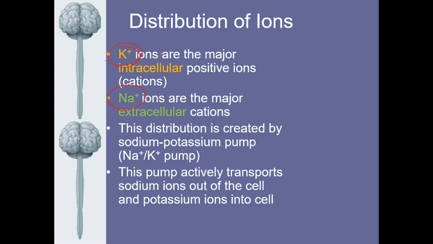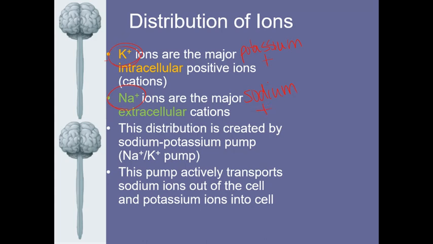We've got potassium. So this K stands for potassium, by the way. It has a positive charge. And the other one, the Na, is sodium. So we're going to use sodium ions. They also have a positive charge.